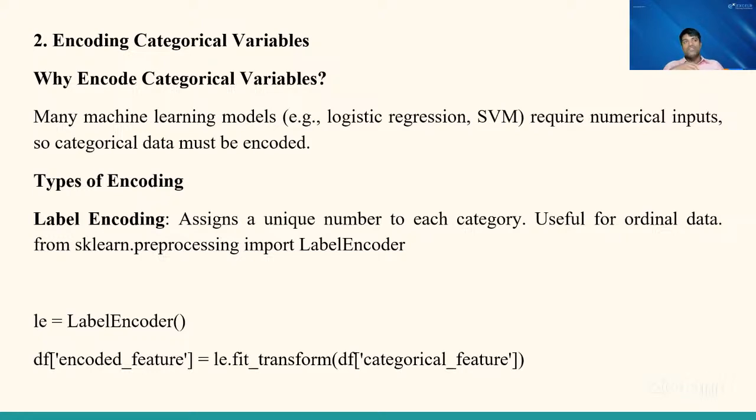For example, if you have a scale of 1 to 5, with good, very good and so on, and we have 5 categories, we give 1, 2, 3, 4, 5. But when you use the encoding, it starts from 0 because it's an array way of giving, so 0, 1, 2, 3, 4, going till 4 if we have 5 categories.